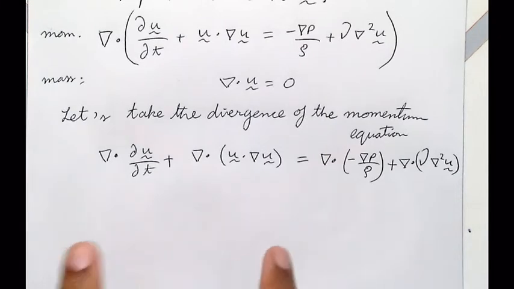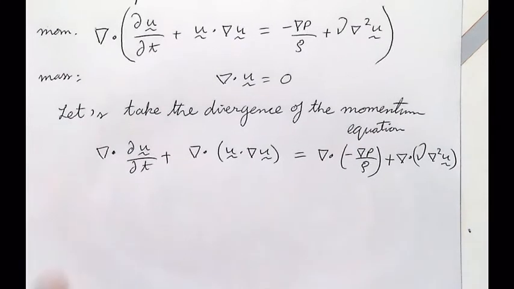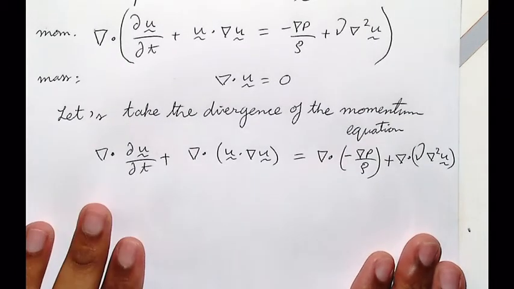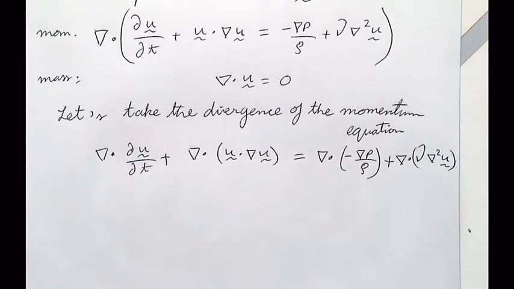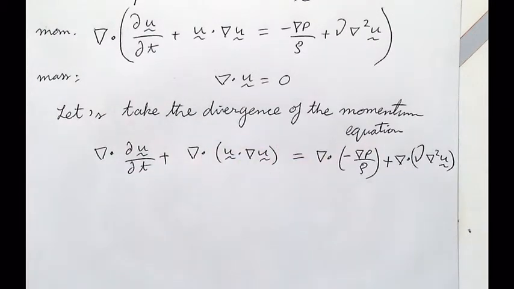So now we actually will go through each term and see if we can get rid of some of them or what they turn out to be. So can you immediately see one thing that we can get rid of? Let's start with the first term: nabla dot partial u by partial t.